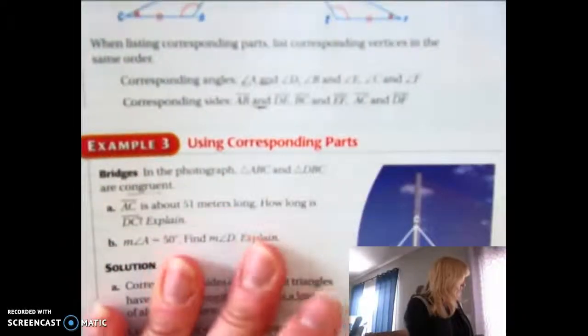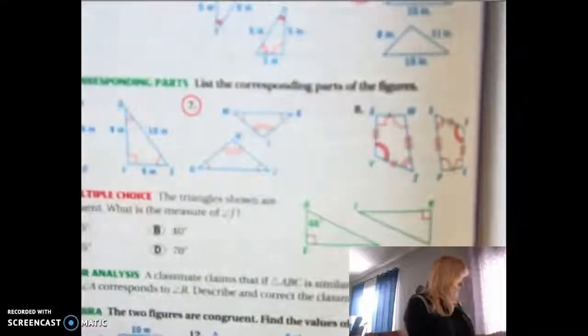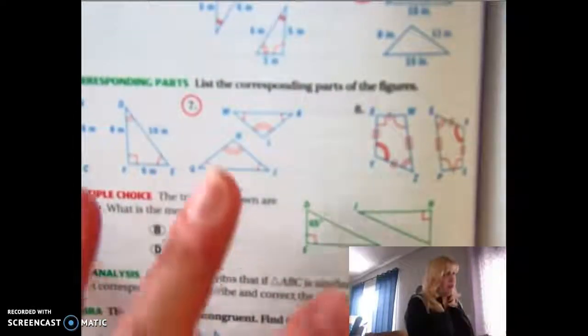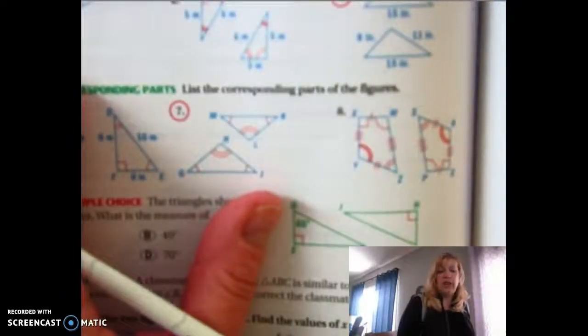This assignment should not be too difficult, but I also want you to realize that all of the congruencies and similarities, especially similarities, you can simply set up a proportion to find the missing side length.